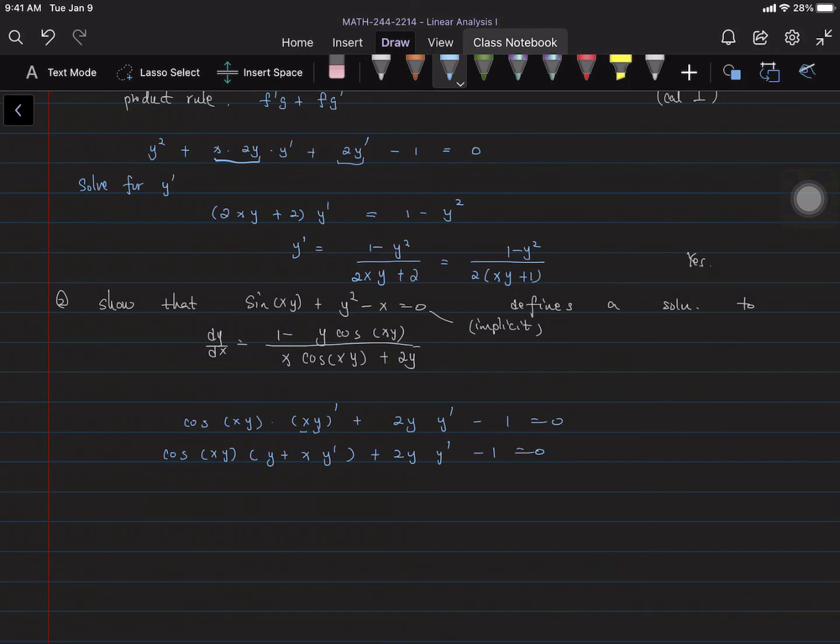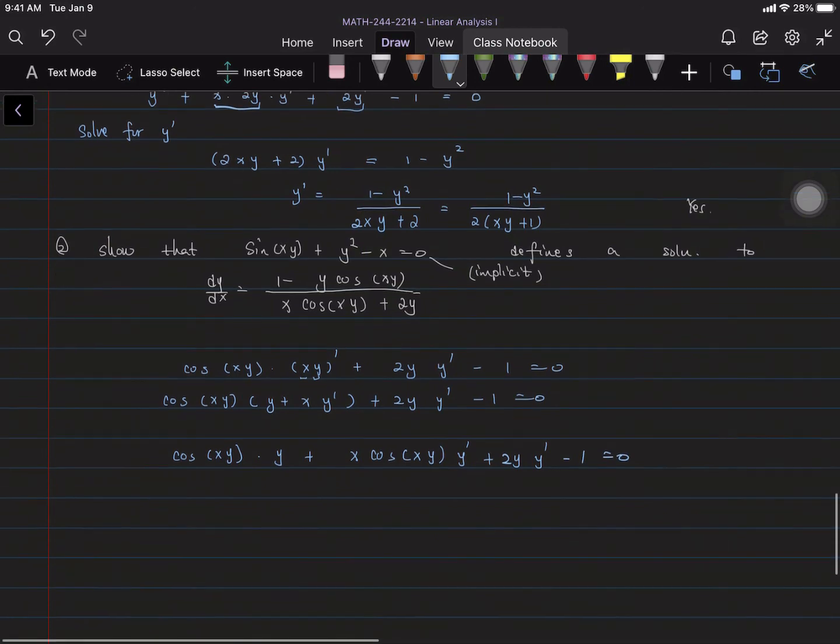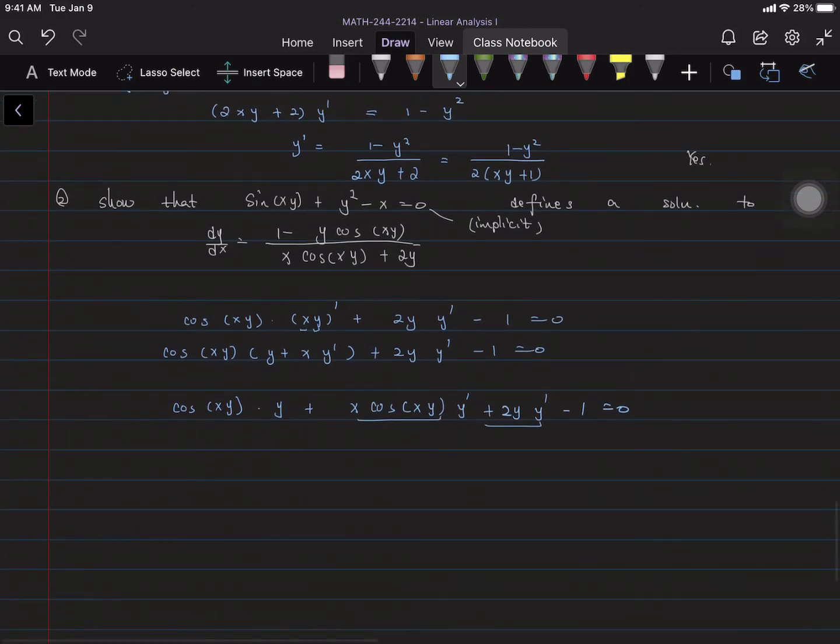Combine all the terms with y prime, but we need to simplify a little bit. Distribute. Now combine all the terms with y prime. Factor the coefficient out. Move everything else to the right side.